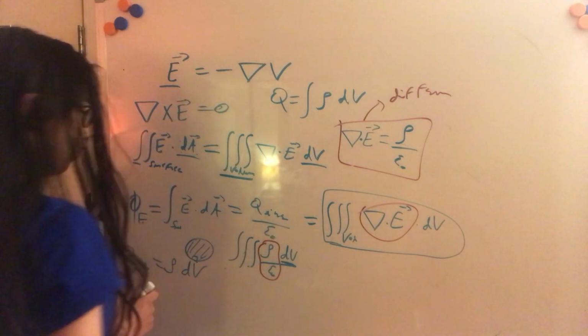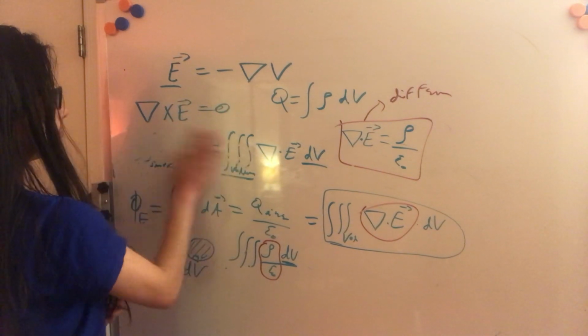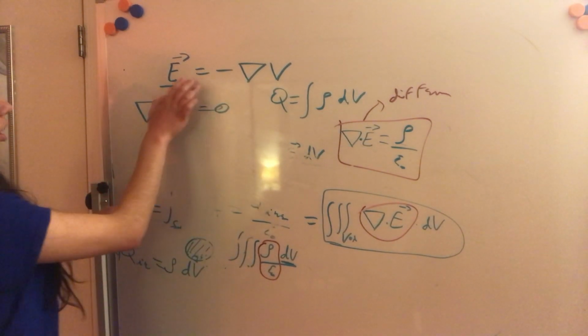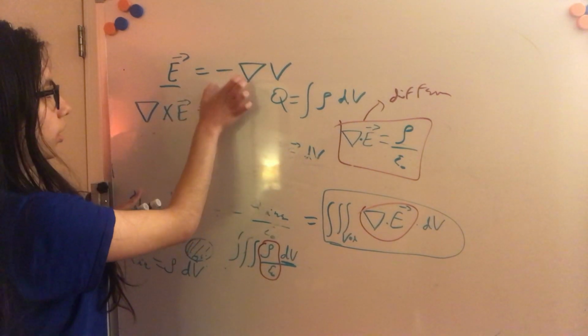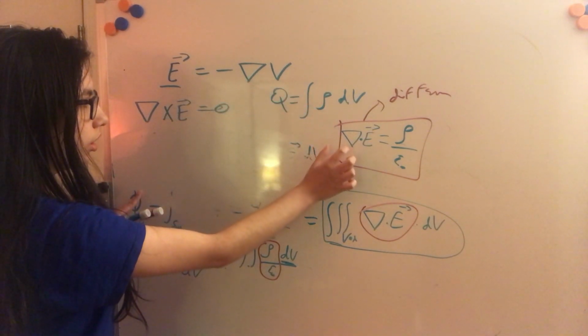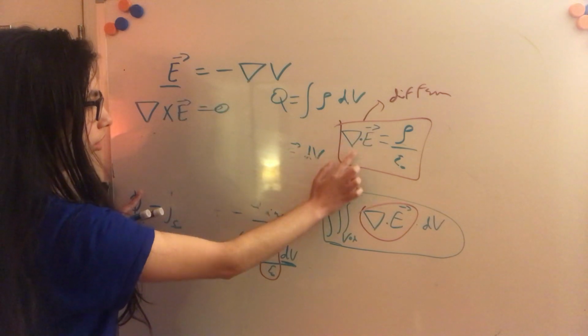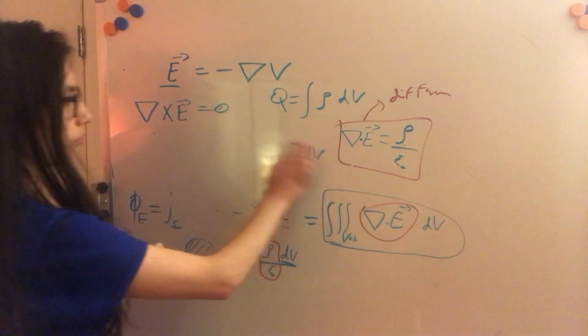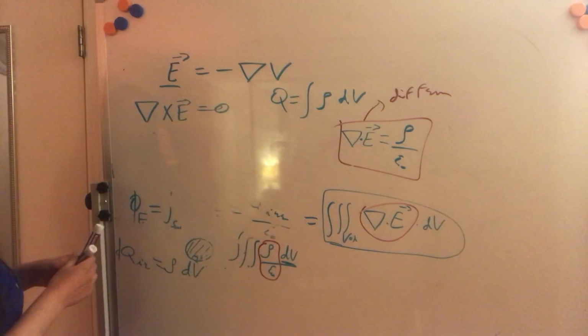Now for Poisson's equation, so we have this, that the electric field is equal to the negative of the gradient of the voltage, and that the divergence of the electric field is rho divided by epsilon naught.